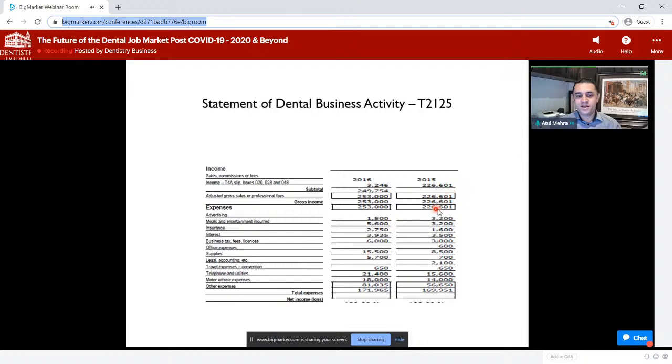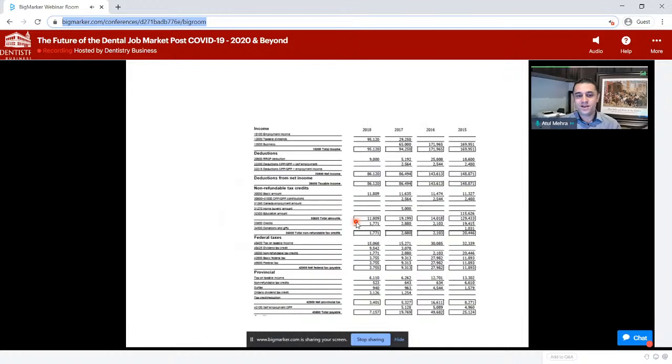And they were able to deduct some expenses against that too, because they were going to courses and had their CE, and they had some travel costs and some supply expenses that they had to incur. So they ended up with about $170,000 of income that they had to get taxed on. Because they had the tuition credit carried forward from the prior year, on their 2015 return, most of that tuition credit got applied.